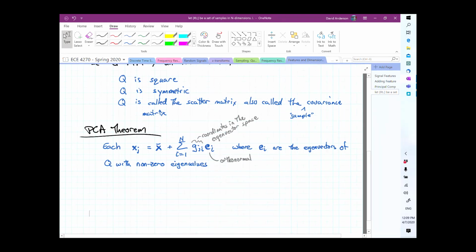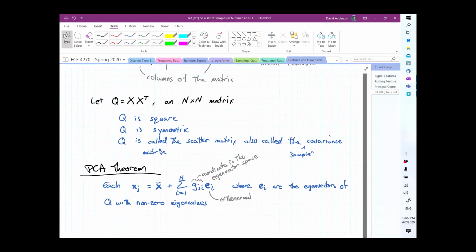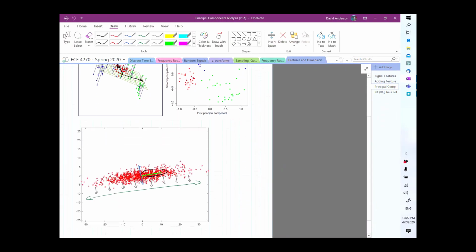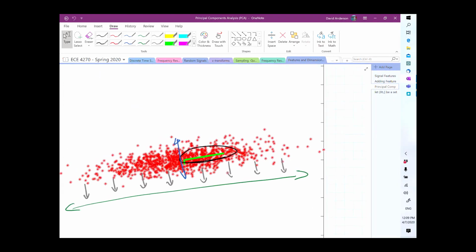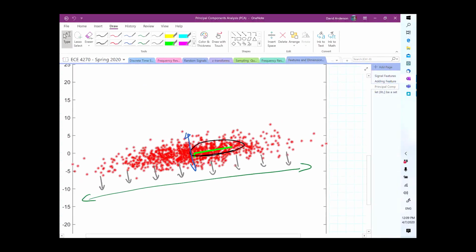Okay, well, if this is the case, let's go back and look at that plot that we had at the beginning. It's in right here. In this case, we had two eigenvectors, both indicated in green. The one associated with the larger eigenvalue is scaled by it, and that's how we can tell it's the larger one. It goes along the principal axis of that data.